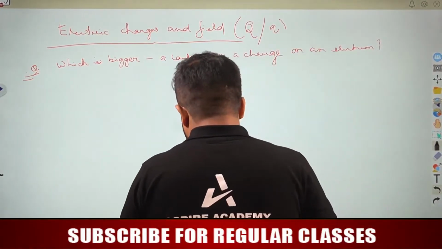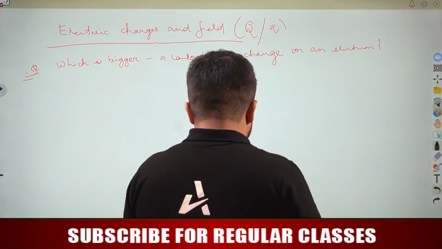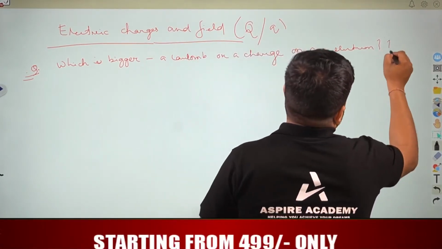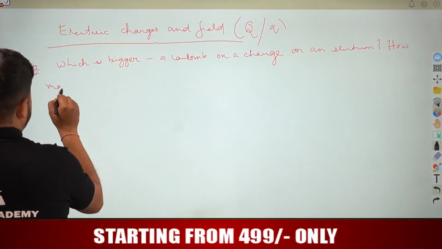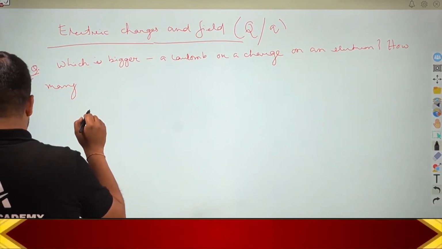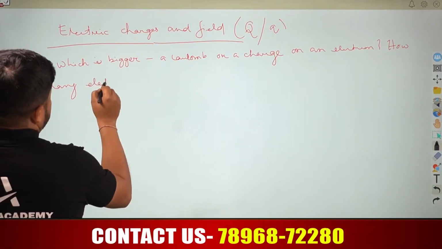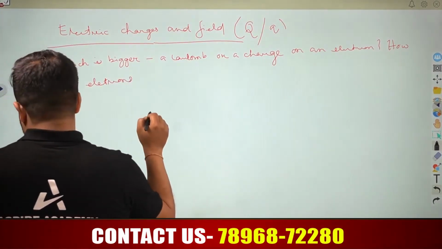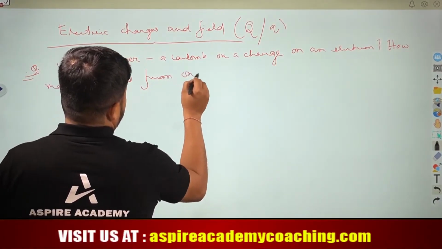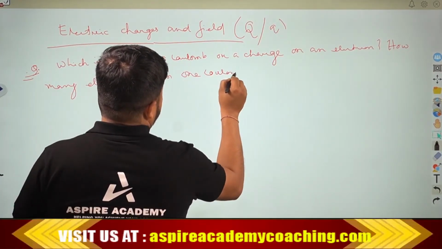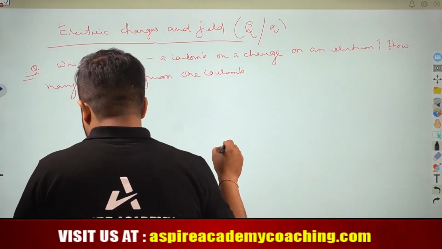How many electrons are there in 1 coulomb of charge?